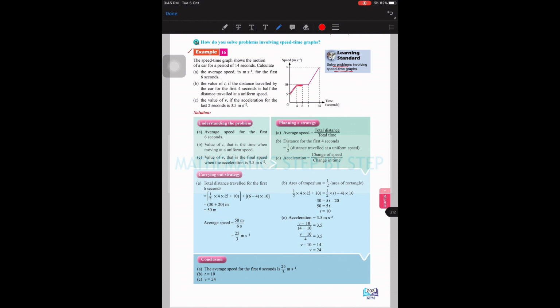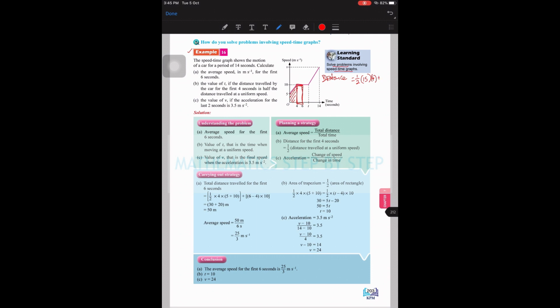So first of all, we'll find the total distance under the graph, okay? So we can see that this part of the graph is a trapezium, then here is a rectangle, okay? So now the total distance traveled in the first 6 seconds is half times 5 plus 10 is 15, then the time taken is 4, okay?